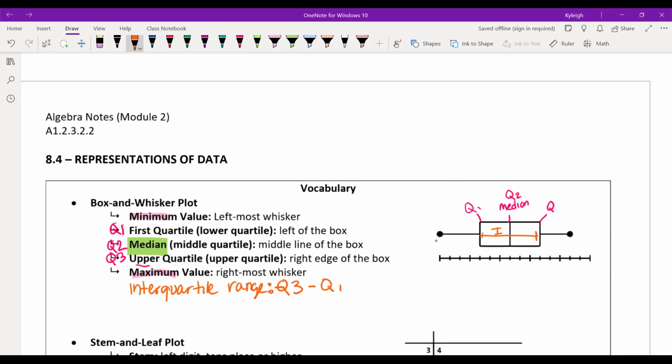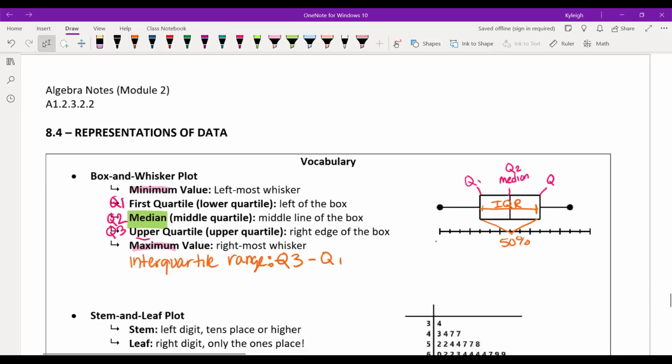So this inside box is the IQR, the interquartile range. And there's 2 sections, so that represents 50% of the data. Okay, so there's some basic things about box and whisker plots that hopefully you remember.